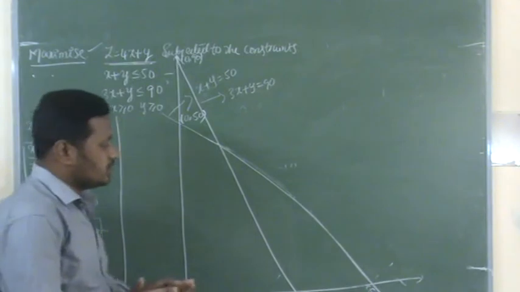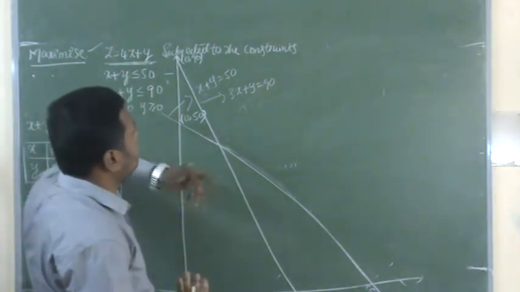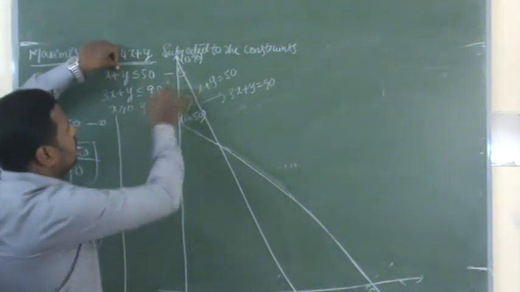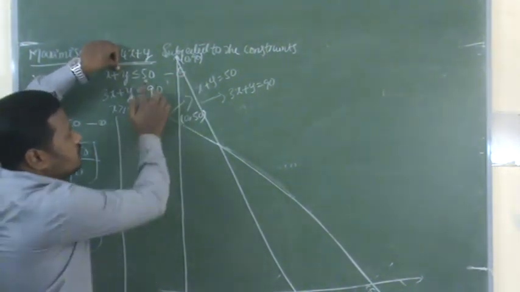So what is the feasible region here? For equation 1, x plus y is less than or equal to 50.